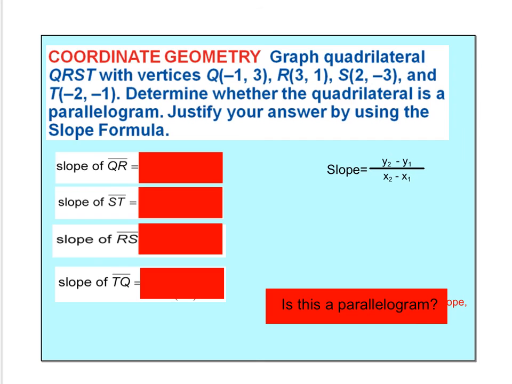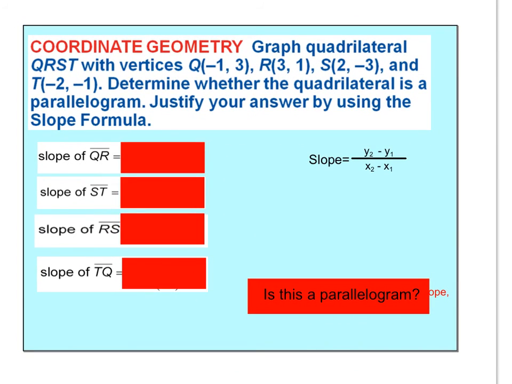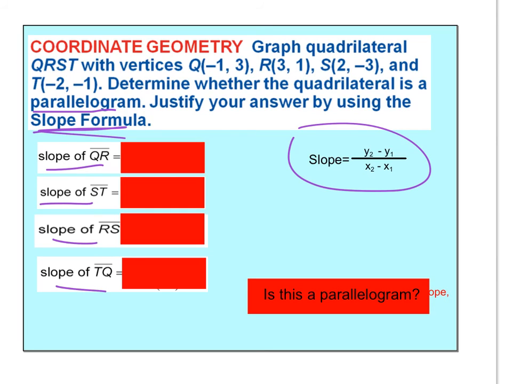So using coordinate geometry, if Q, R, S, and T are the vertices of a quadrilateral, determine whether it's a parallelogram, and justify your answer using slope. So I want to look at the slopes of these sides, and see if two of them match up.